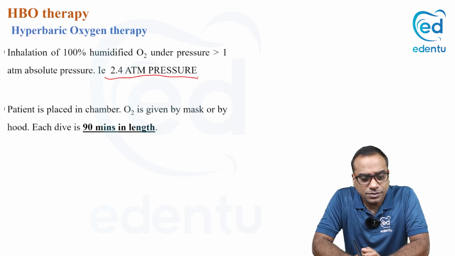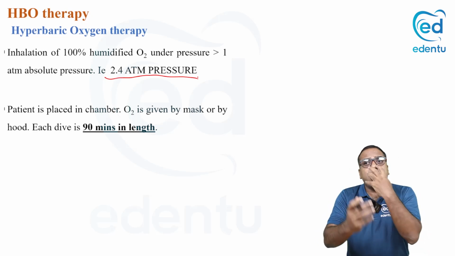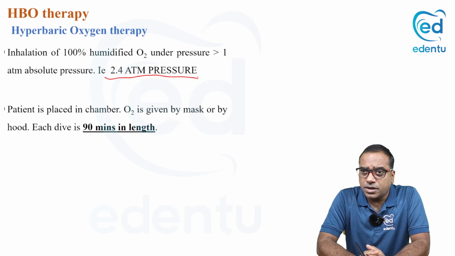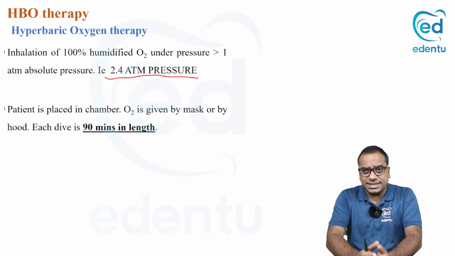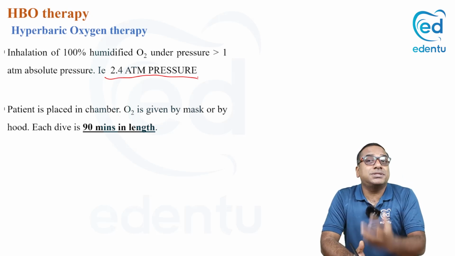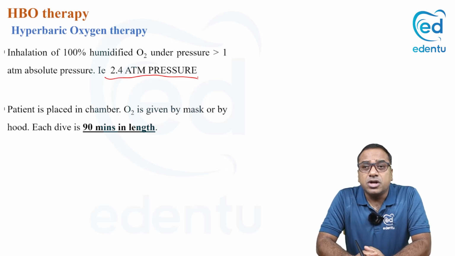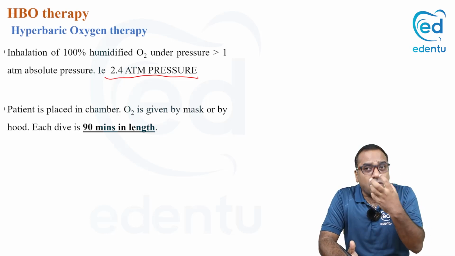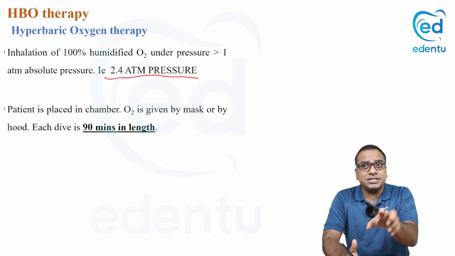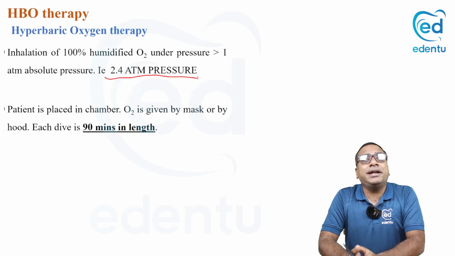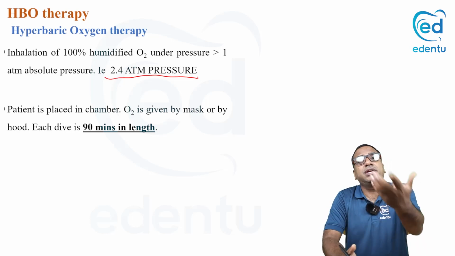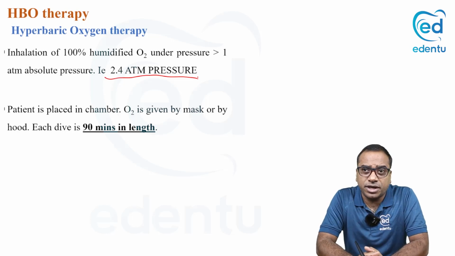2.4. Okay. And now we are inhaling oxygen. Out of the mixture of gases, some 19 to 20% is oxygen, 71% is nitrogen. This patient, by inhaling 19 to 20% oxygen, developed osteoradionecrosis.